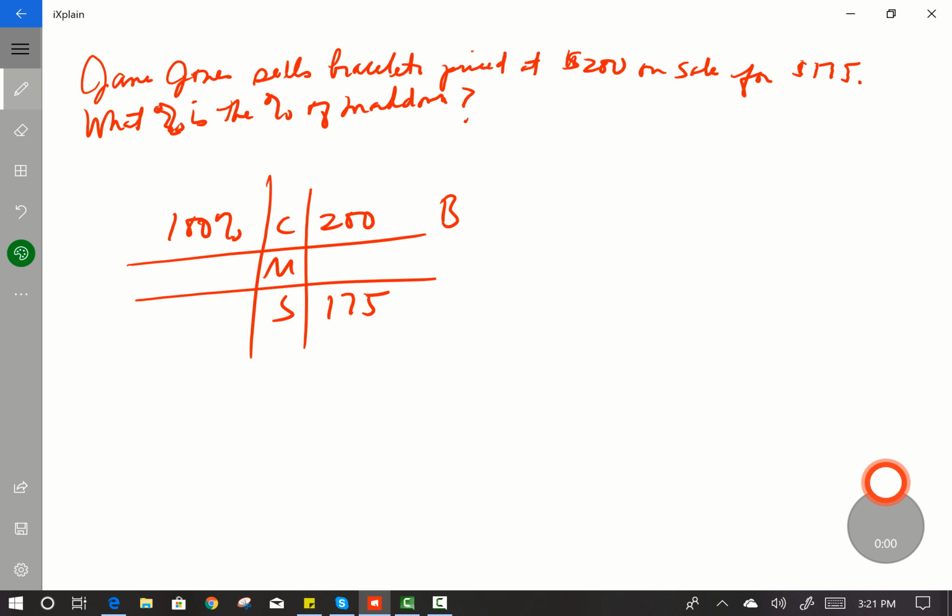The markdown, the difference between the cost and selling price, this time the cost is decreasing because we marked it down by $25. I'm going to make that the part, and then we'll solve for the rate.